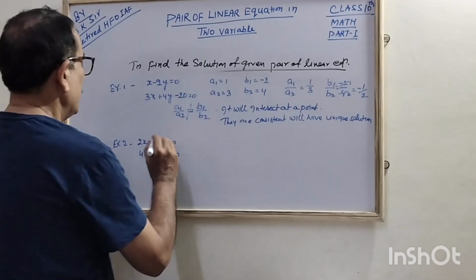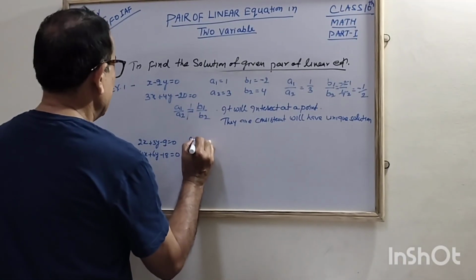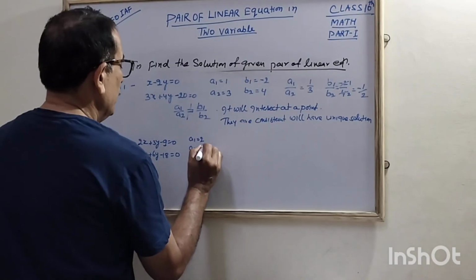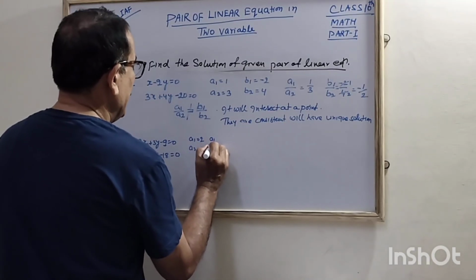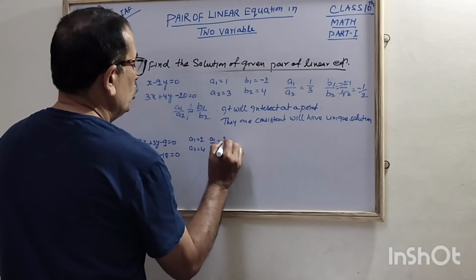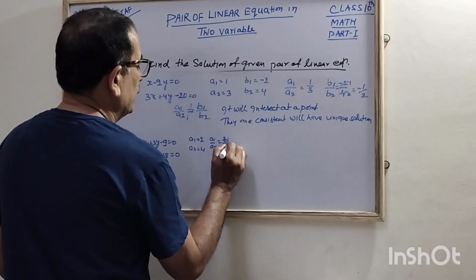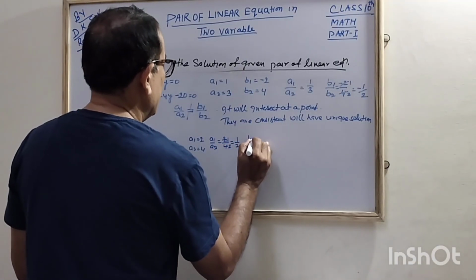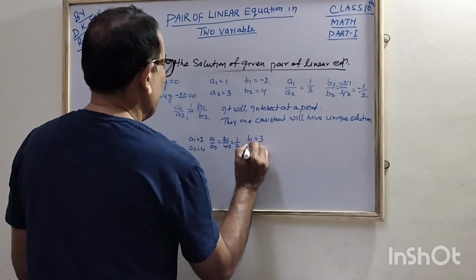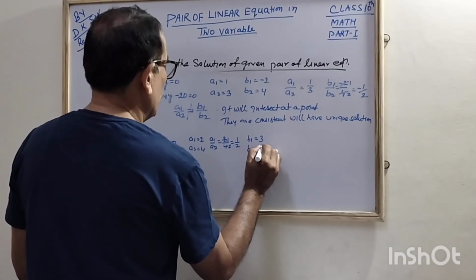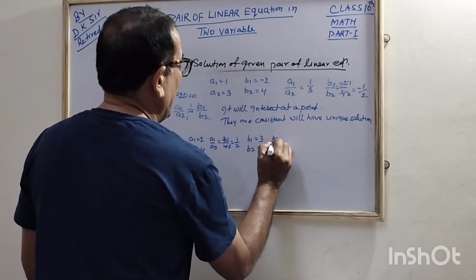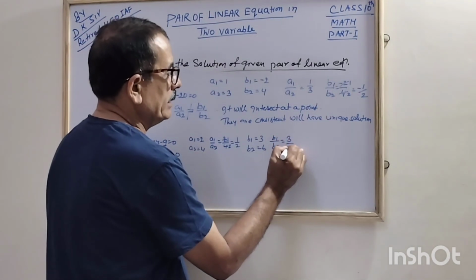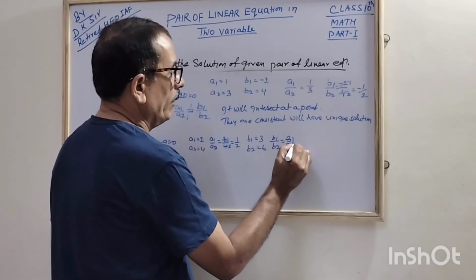Here a1 is 2 and a2 is 4, so a1 by a2 is equal to 2 by 4. When we cut it, it becomes 1 by 2. Now b1 is equal to 3 and b2 is equal to 6, so b1 by b2 is equal to 3 by 6, which is 1 by 2.